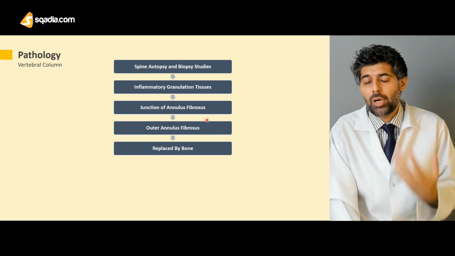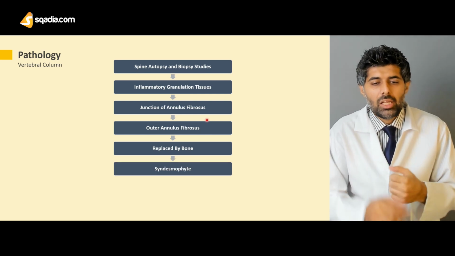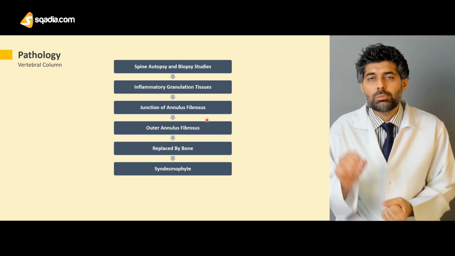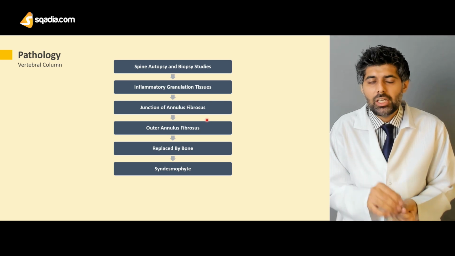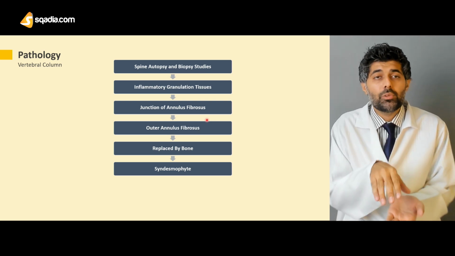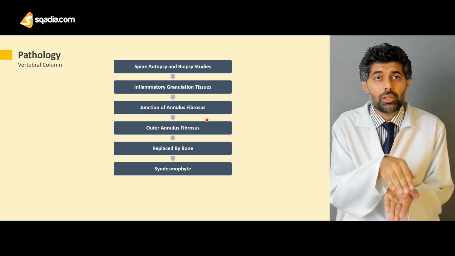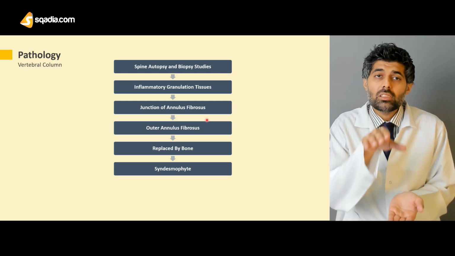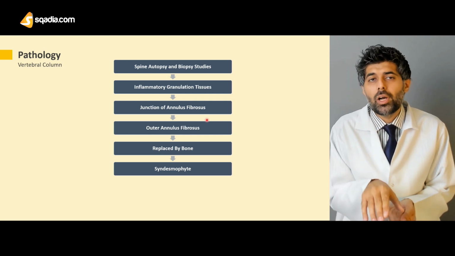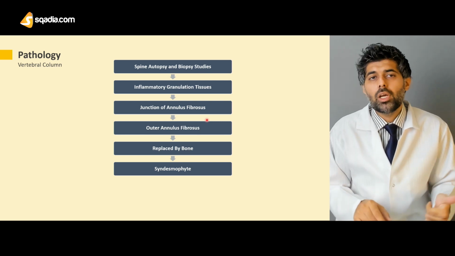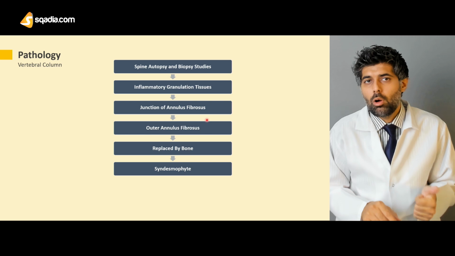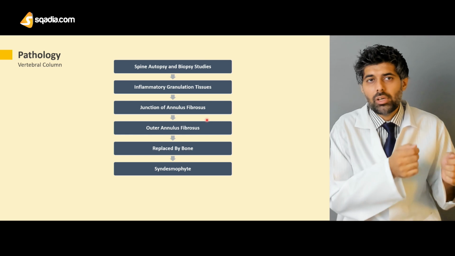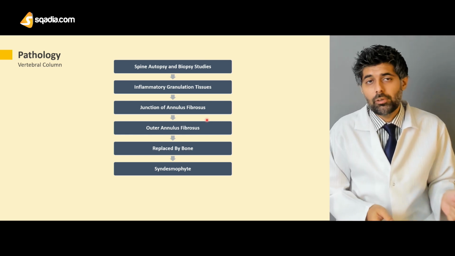This replacement by bone, or ossification, then results in the formation of a structure known as a syndesmophyte. A syndesmophyte is a structure where the bodies of the vertebrae are fused together through ossification. The presence of a syndesmophyte is again pathognomonic, an important feature of ankylosing spondylitis, and is frequently seen on x-rays of patients suffering from this condition.